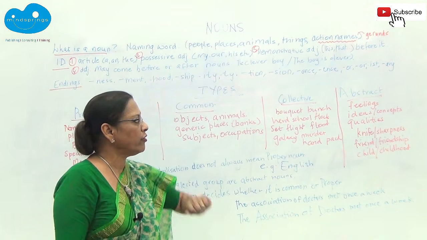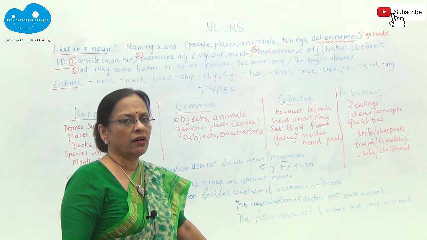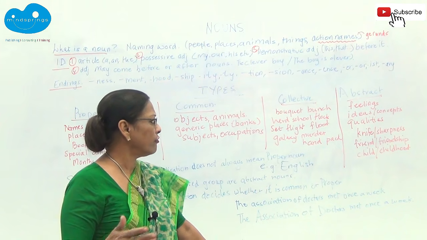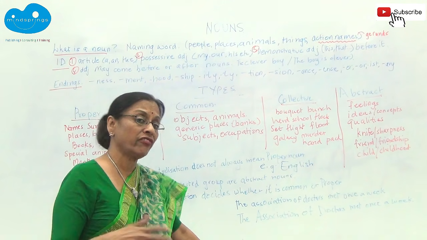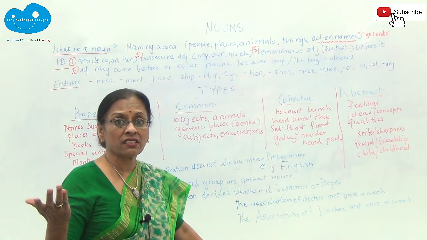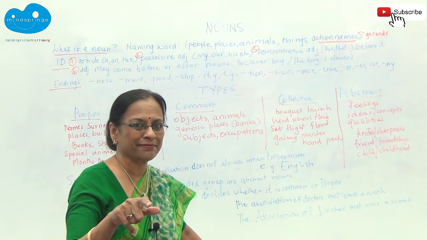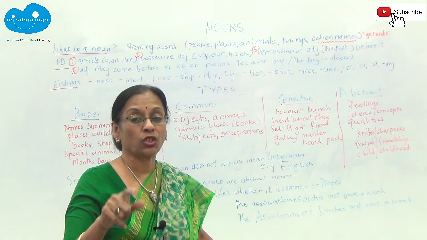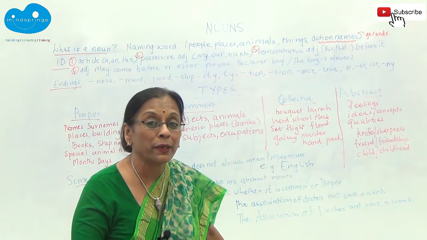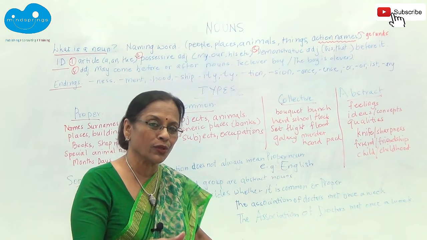So you have a bouquet of flowers, a bunch of papers, or a herd of cattle, a school of fish, a flock of sheep, a set of books, a flight of stairs, a flood of work, a galaxy of stars, a murder of, you'd be surprised, crows, a murder of crows, a hand of bananas, and a pack of wolves.